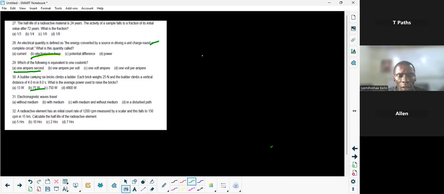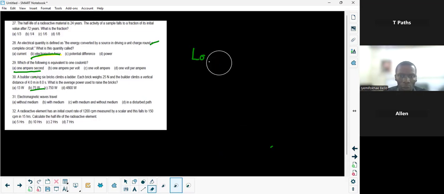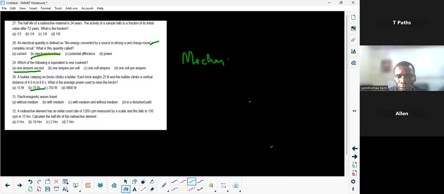Now, we have 2 types of wave based on material medium. Sorry, not longitudinal wave. Based on material medium, we have the mechanical wave and the electromagnetic wave.